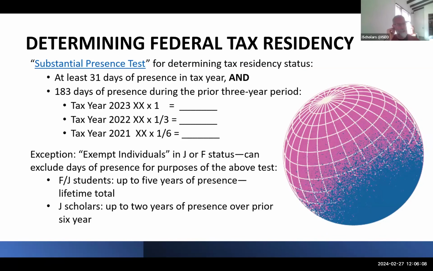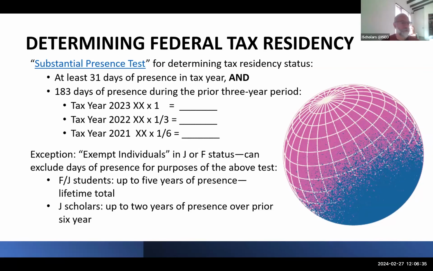Understanding that for those days that you were present in 2022, you only count 1/3 of them. So if you were only here for 180 days, then you would only include 60 for your total of 2022. And then for tax year 2021, if you were only present for 180 days, you'd only count a sixth of those, so only 30 days.